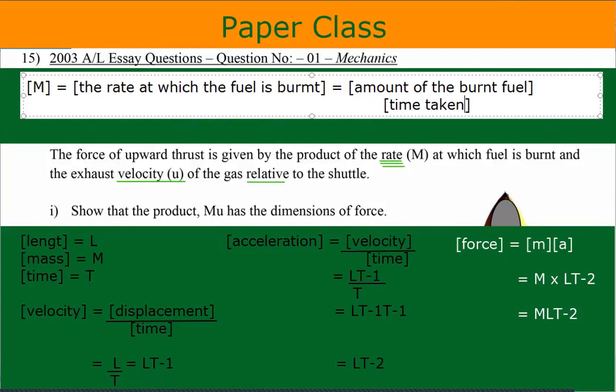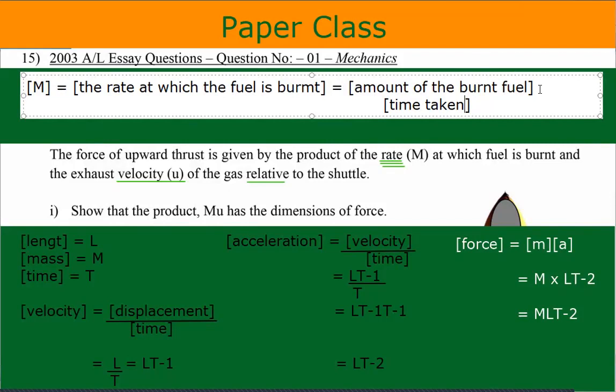For example, if simple m kilogram is the amount of fuel burned for simple t seconds, then the amount of fuel burned for 1 second is m over t. It means the amount of the burned fuel divided by time taken.